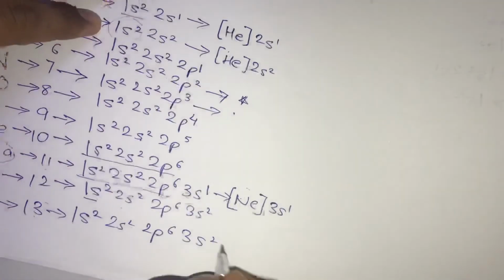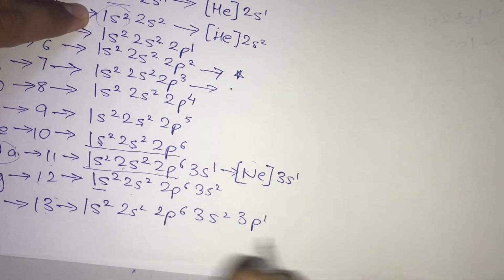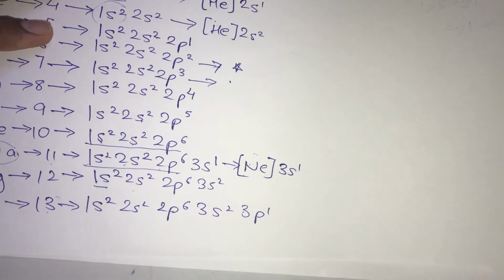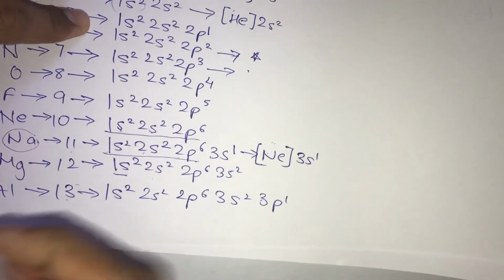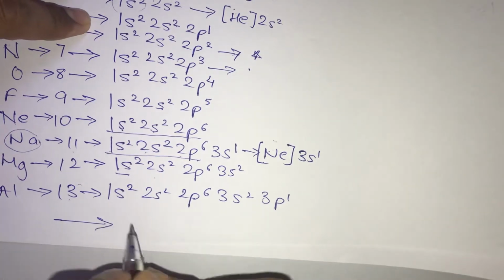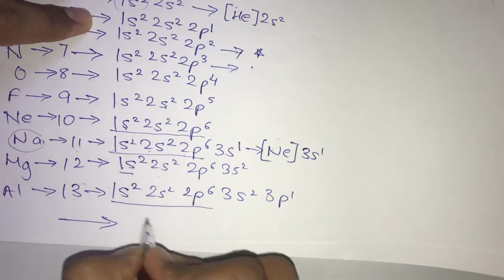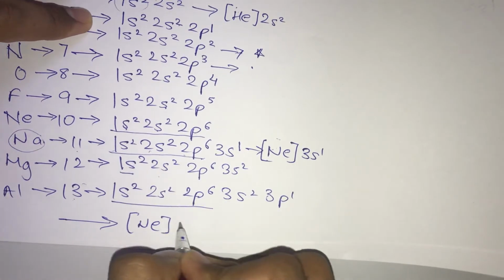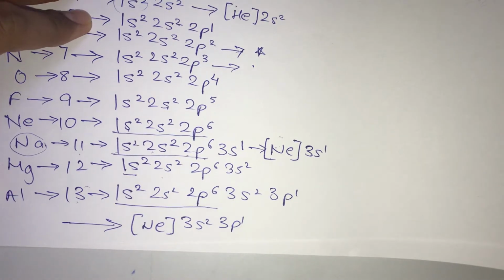And as we all know, 3p can accommodate a maximum of 6 electrons, but we are left with only 1 electron, so you are going to write 3p1. So here we finish the electronic configuration of aluminum. And if you want to write the condensed electronic configuration of aluminum, you are just going to substitute this 1s2 2s2 2p6 as neon, and your condensed one can be neon 3s2 3p1. Am I right?